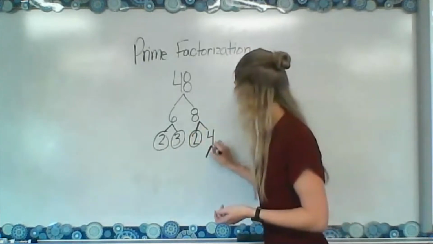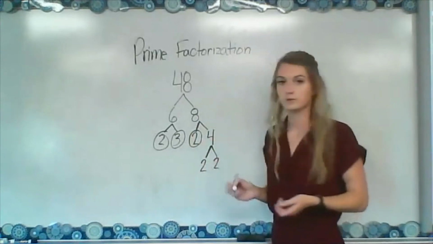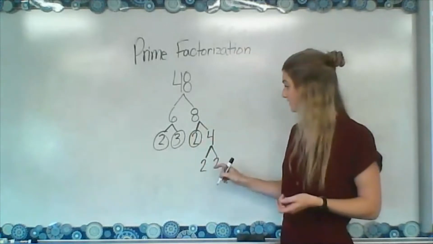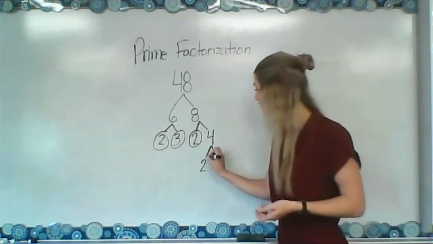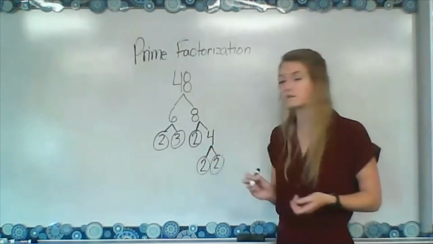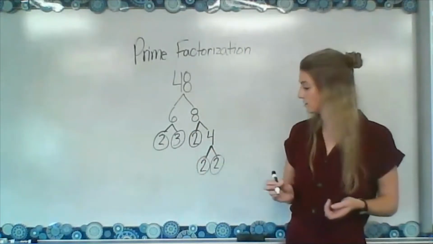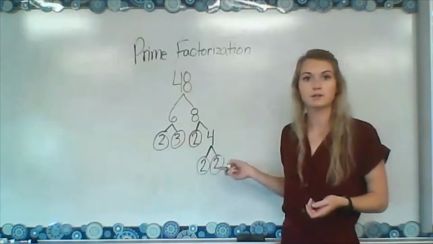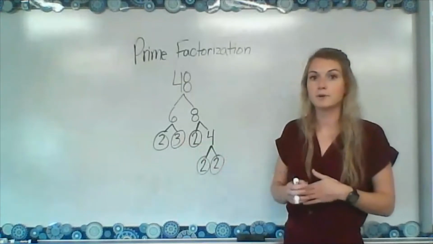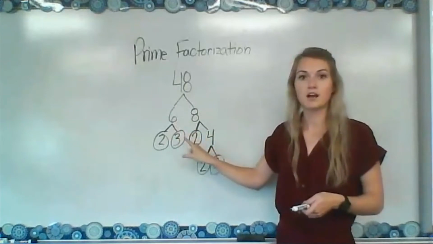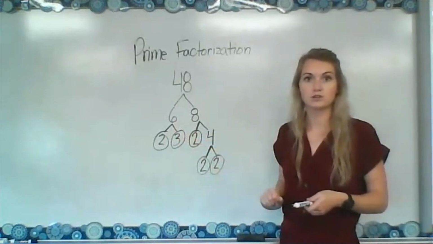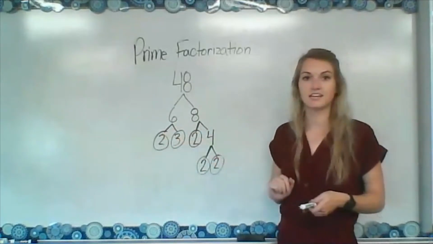No. 2 times 2. That equals 4. We already know 2 is a prime number. So we circle those. And then that's it. We have no more numbers. Every single number should either have a branch coming off of it or it should be circled. So all your numbers are taken care of.